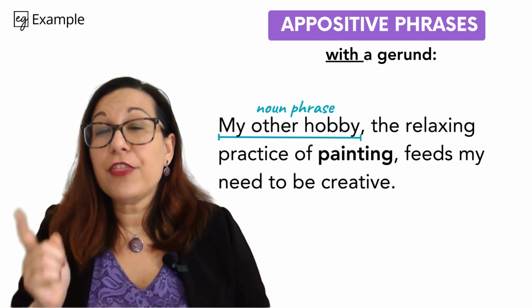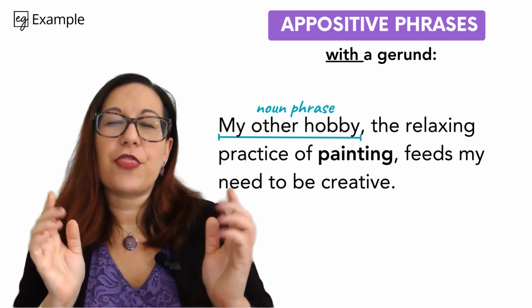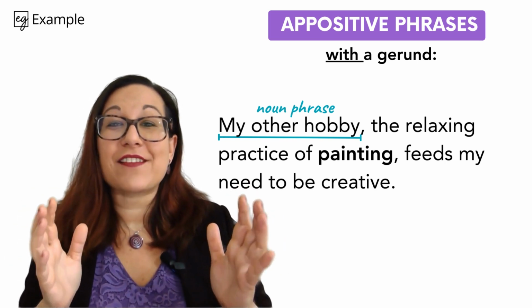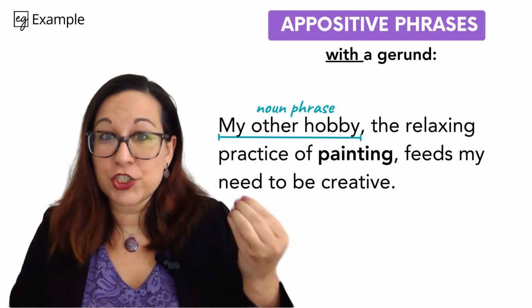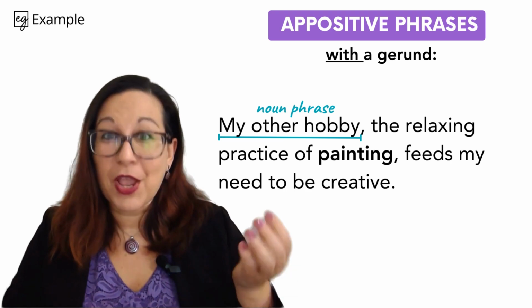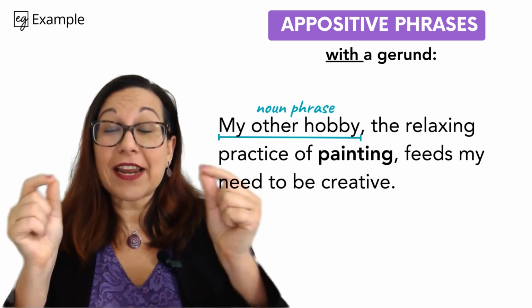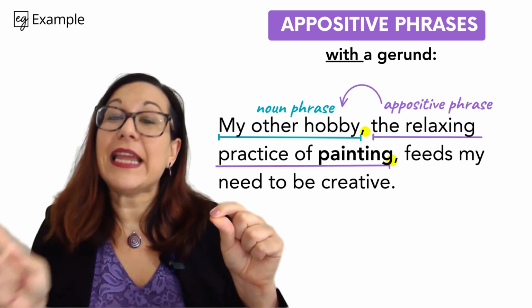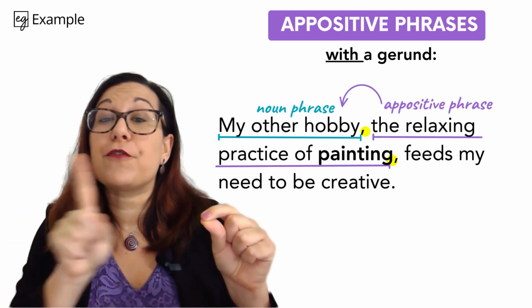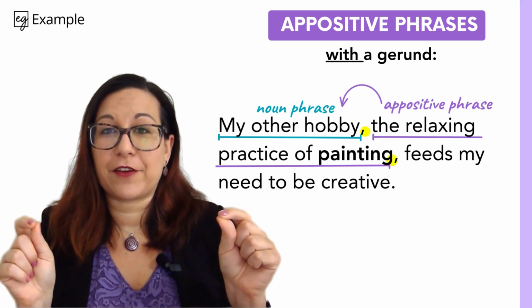My other hobby, the relaxing practice of painting, feeds my need to be creative. So now we've still got that gerund in there, painting, but now it is a full appositive phrase because of the modifiers.